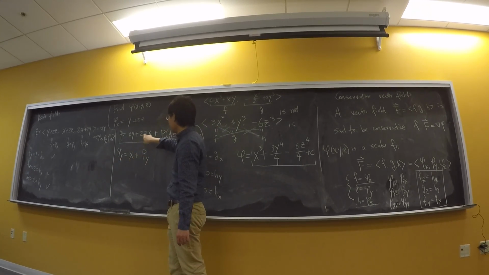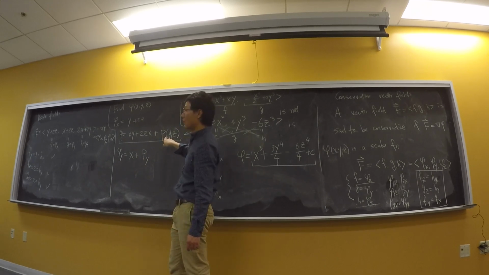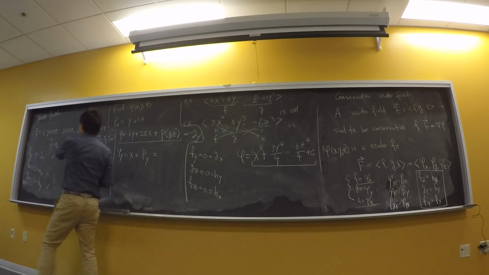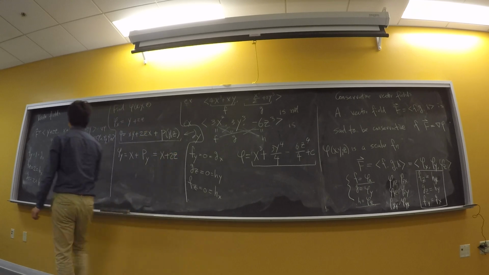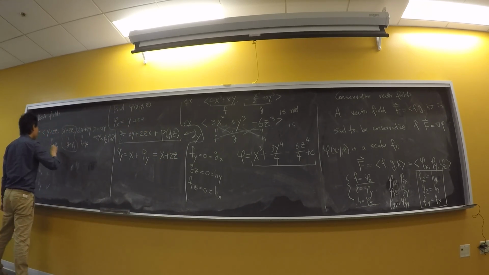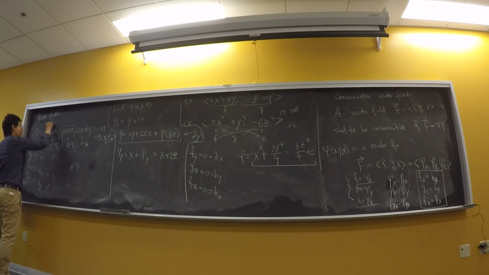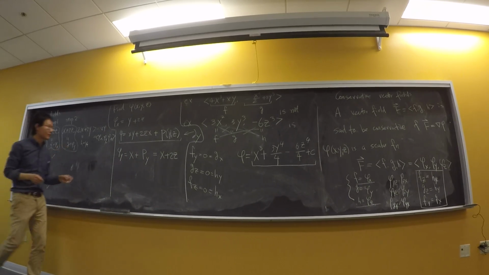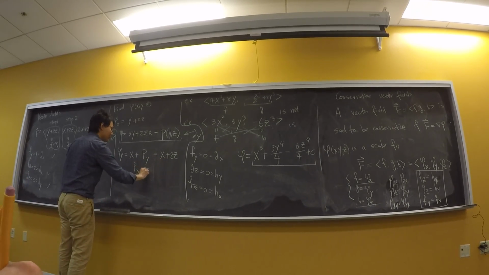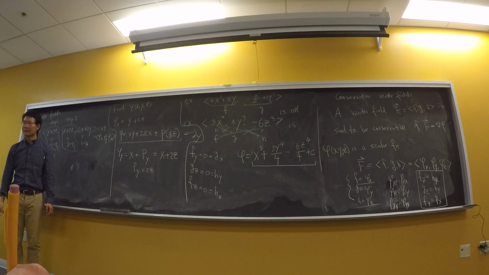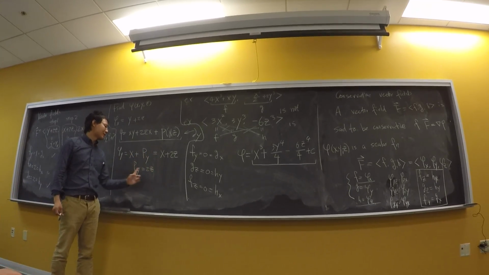Right side I'm getting x, nothing coming from the other term, and I have a partial derivative with respect to y hitting p, so x plus p_y. And then I need to make sure this is equal to x plus 2z, coming from here. So step 2 is to peel off the y dependence, which means I have to use this condition. If x plus p_y is equal to x plus 2z, this can only happen if p_y is equal to 2z. So I eliminated x, and got p_y equal to 2z.